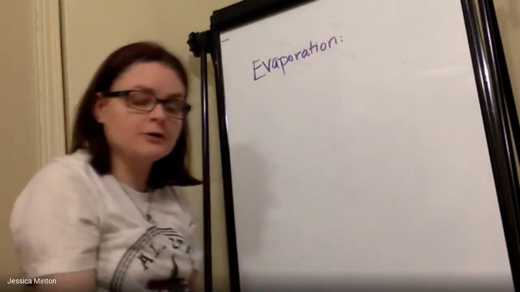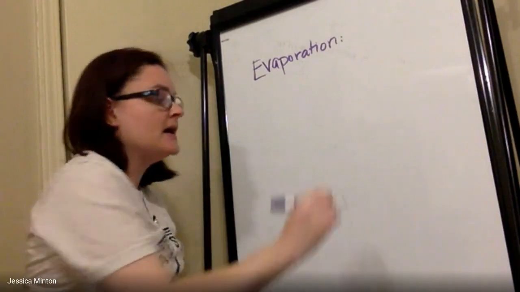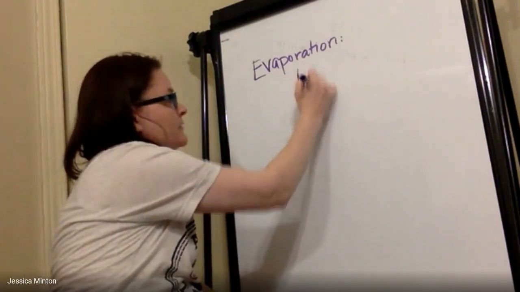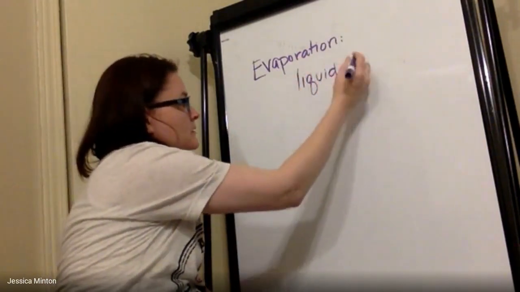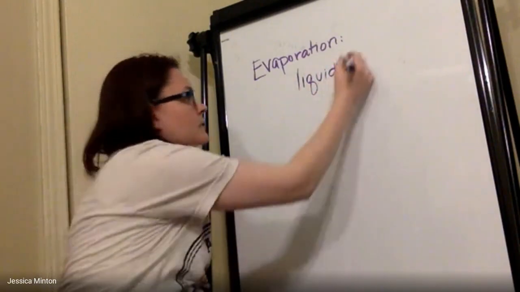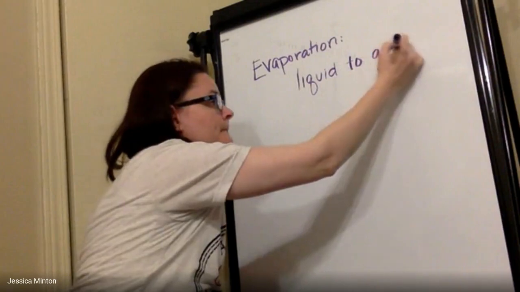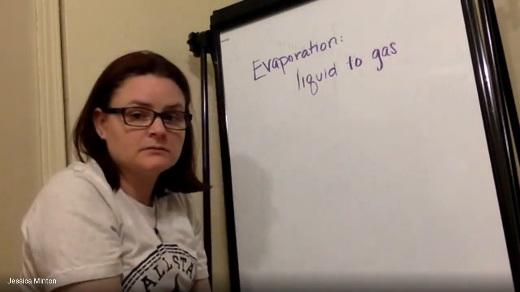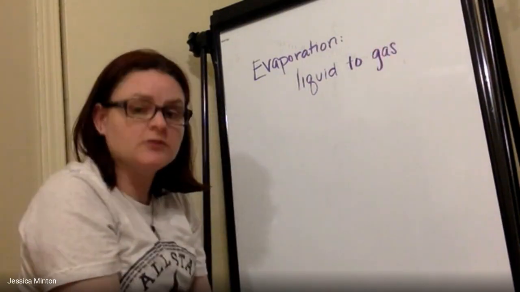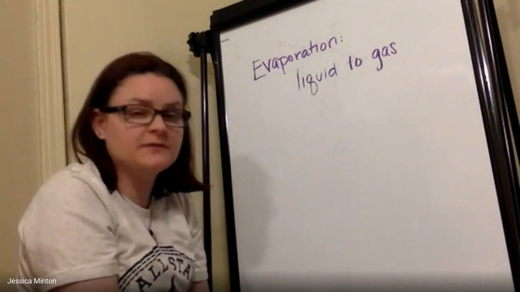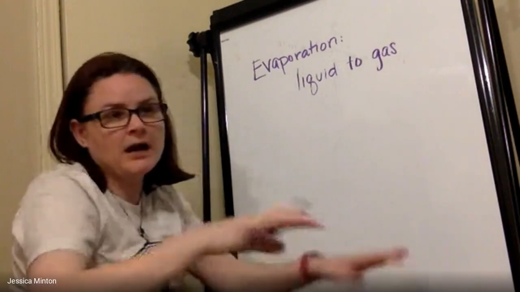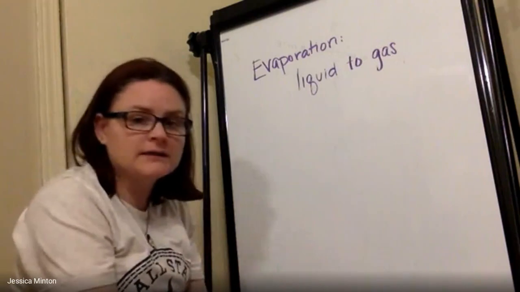What does my water do when it evaporates? It goes from its liquid phase, from liquid to gas. Can you think of an example? Think about the wide ocean and how big it gets.